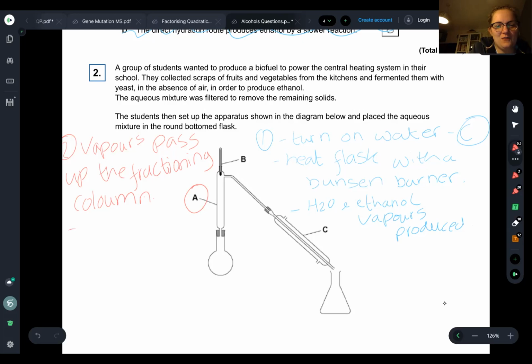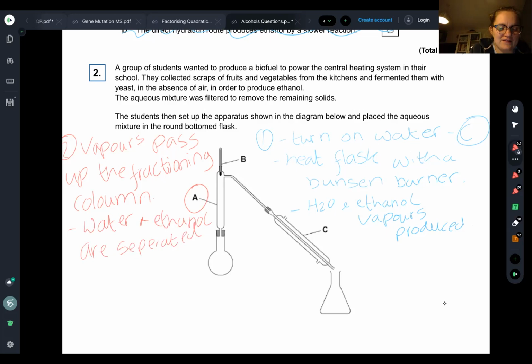So water and ethanol are separated here. And water is going to condense back into the flask in column A. So water condenses back into the flask.